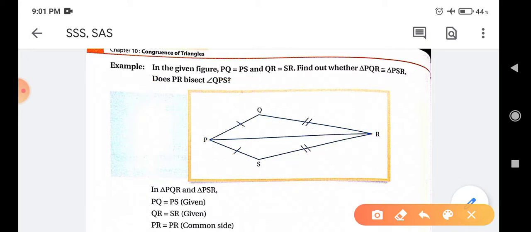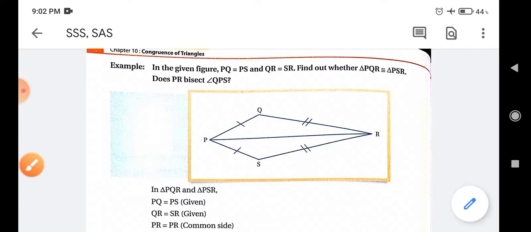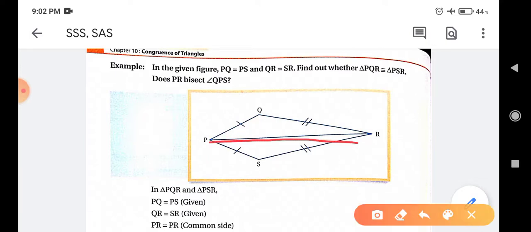We have to find out whether triangle PQR, that is this triangle, and triangle PSR, both triangles, are congruent or not. And does PR bisect angle QPS?